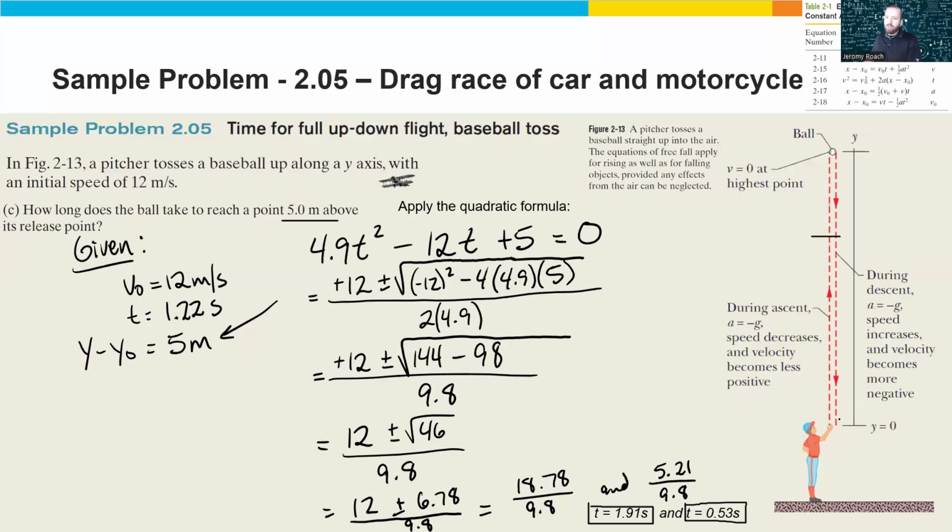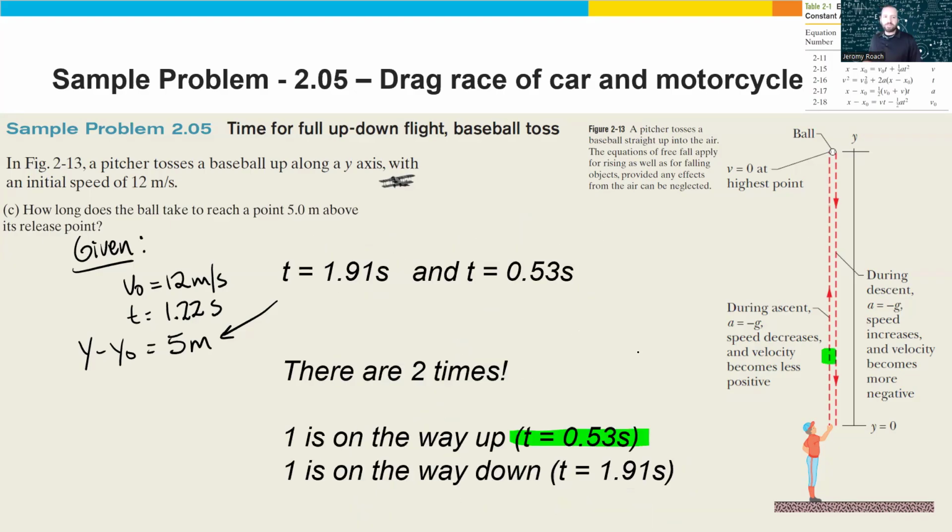So it's the shape of a parabola, and that means it's going to intersect 5 meters twice. The first time, as it's thrown up, is 0.53 seconds, and then as it returns back down is 1.91 seconds. That's why we have those two different times. One of them is on the way up and one of them is on the way down.